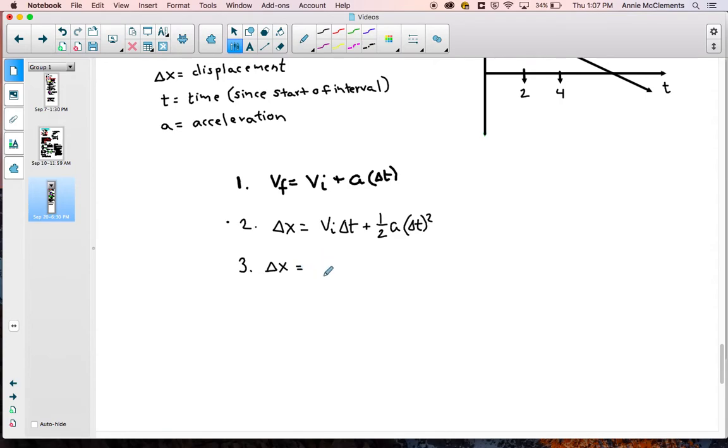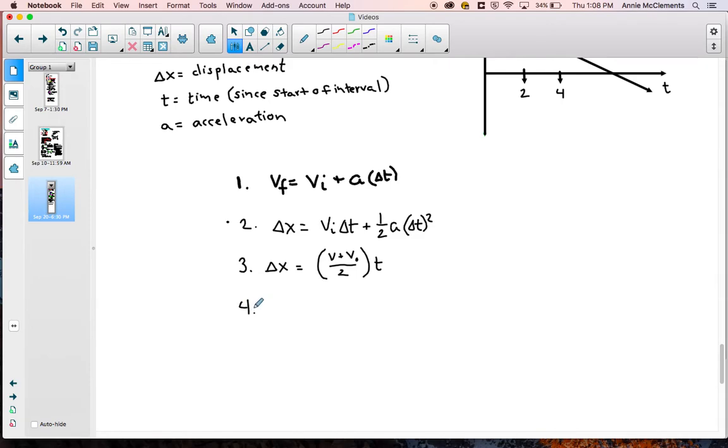It's solving for displacement, and you use the velocity final plus velocity initial, v naught, divided by 2, and then all of that times the time. That's going to also give you displacement. I'm not going to tell you where this comes from, but it does work, so you can use it to solve for displacement anytime the acceleration is constant.